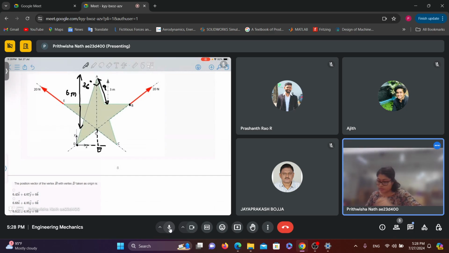Now I will complete this triangle. So, this angle is also 36 and this is 90. So, can anyone tell me what this angle will be from this triangle?